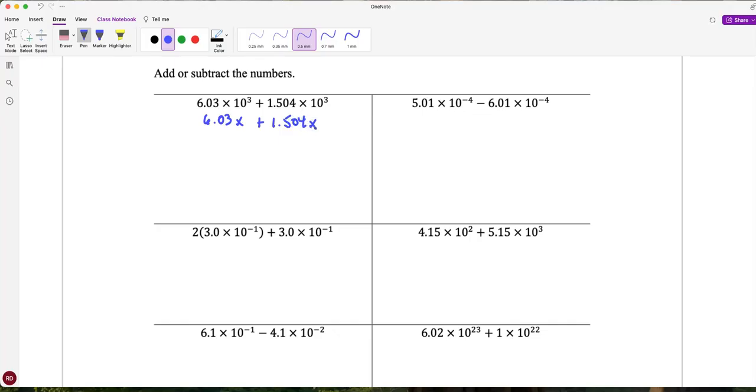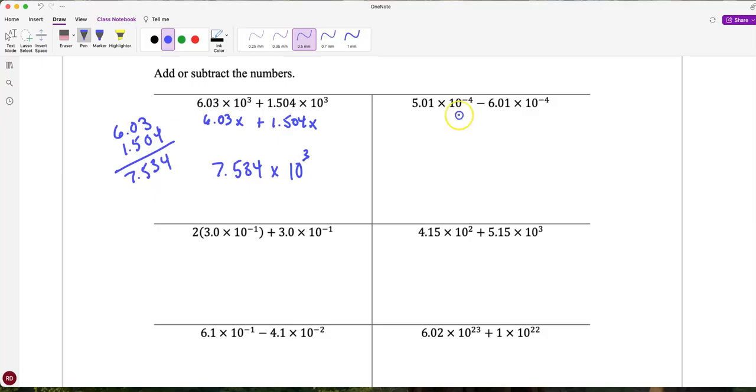You would add them together, 6.03 apples plus 1.504 apples. So you're just adding like terms. So if I add 6.03 to 1.504, I get 7.534. So this is 7.534 times 10 to the 3rd.